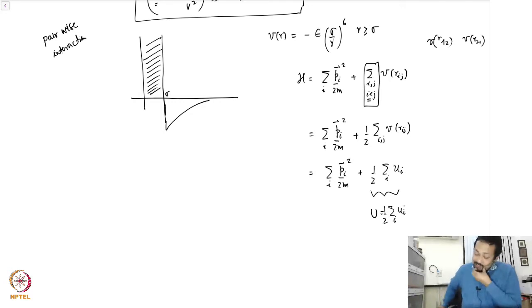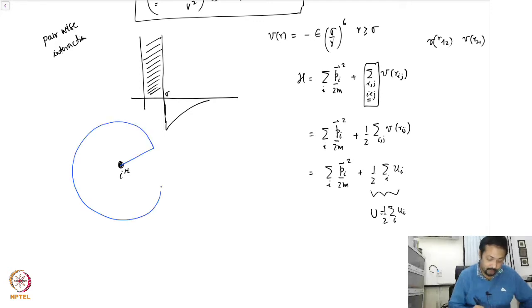Now the idea is we want to look at it in a mean field way, a weakly interacting, dilute system. So I have the ith particle, and surrounding this particle, let's say I consider a radius of r.